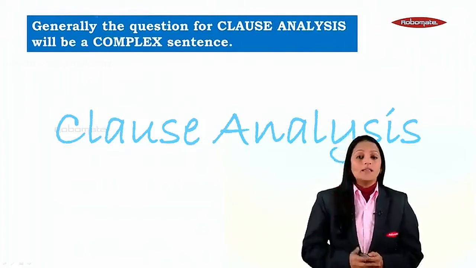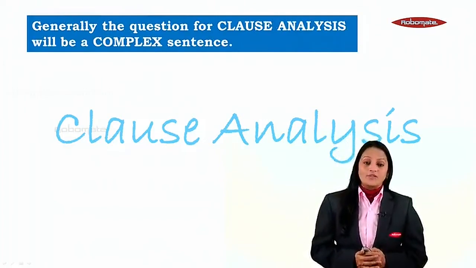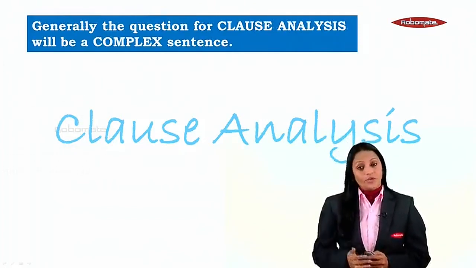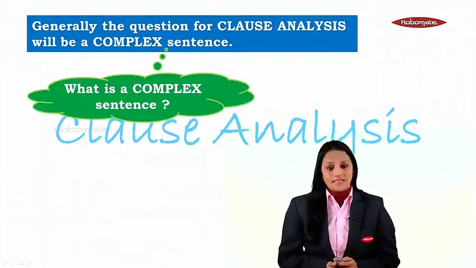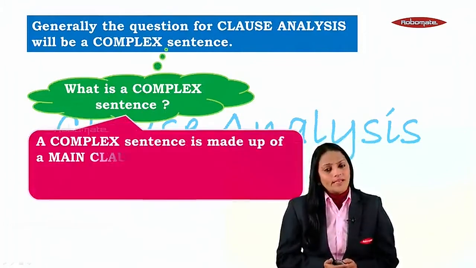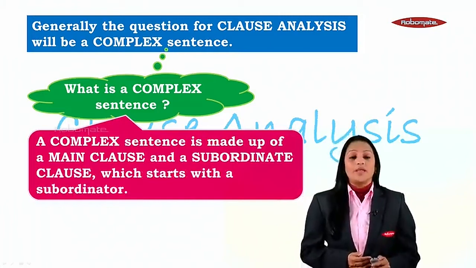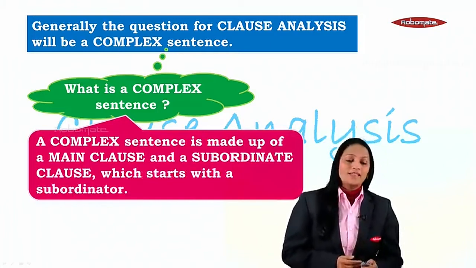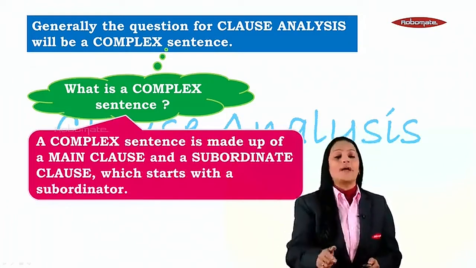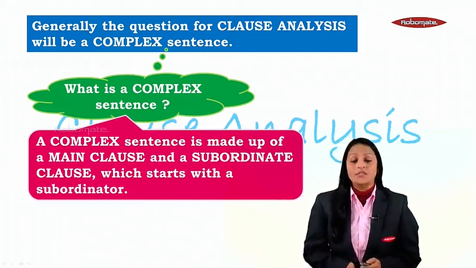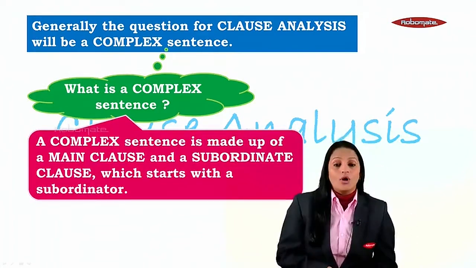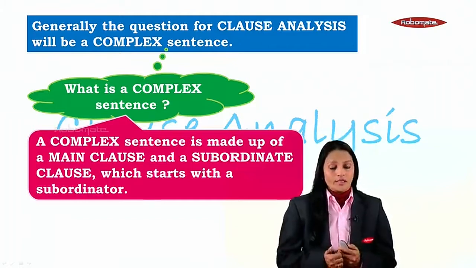Now, what are the kind of sentences that they will ask you for clause analysis? It will be a complex sentence. Now, what is a complex sentence? It is a sentence which is made up of a main clause and a subordinate clause. Students, that is why you have to identify the main clause and the subordinate clause. Of course, the subordinate clause starts with the subordinator.